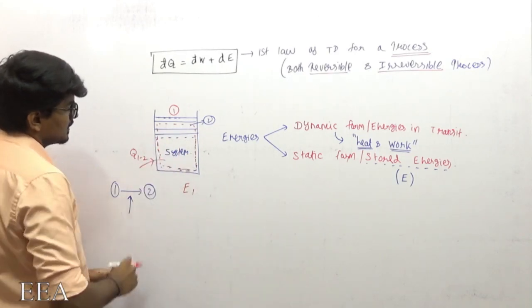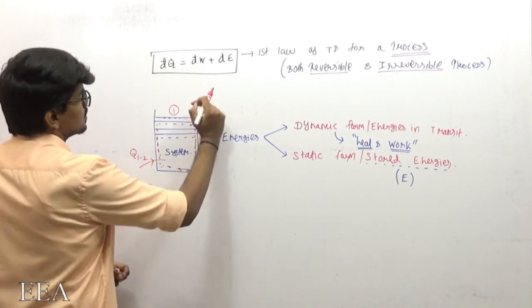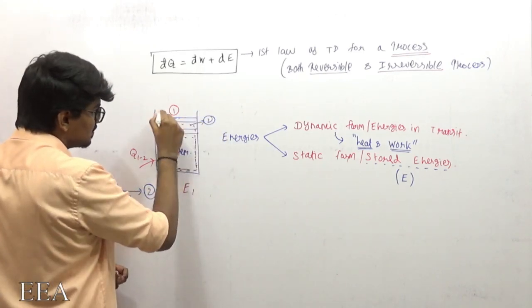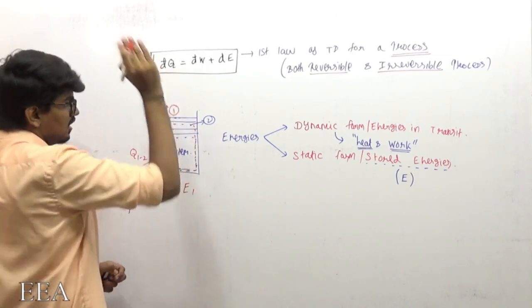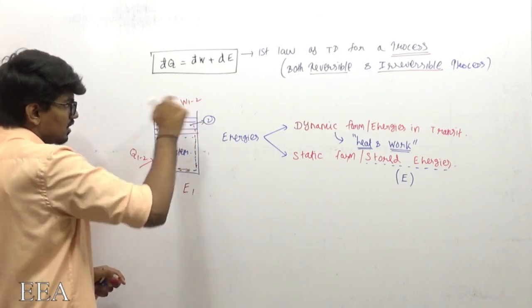So when I am supplying some heat, what is going to happen? The piston is moving up, which means the piston is displacing the air upward, which is nothing but some work. Some work is done by the system on the air.